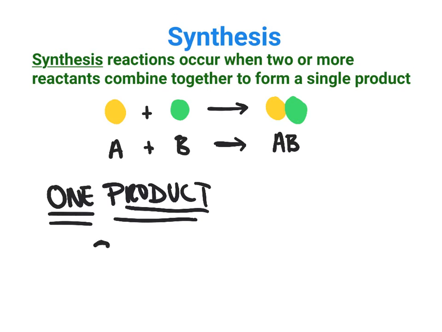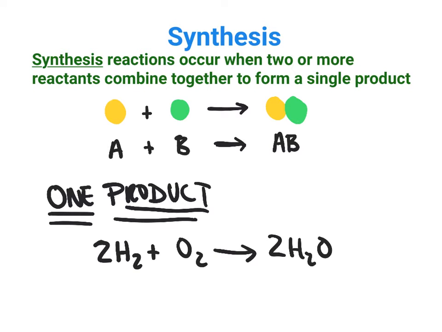For example, 2H2 plus O2 gives me 2H2O. Notice that my reactants are hydrogen gas and oxygen gas, and they combine together to form one product, the compound water that we all know and love. So that is a very simple synthesis reaction.